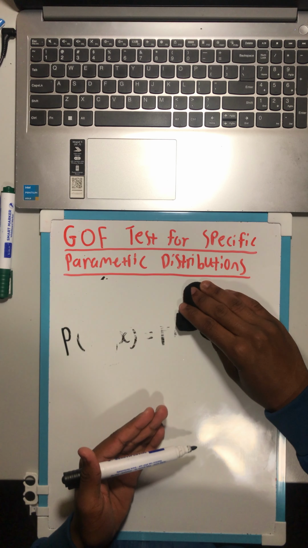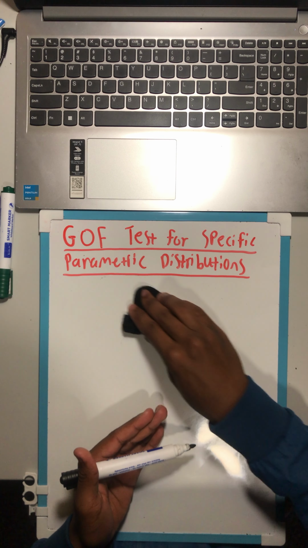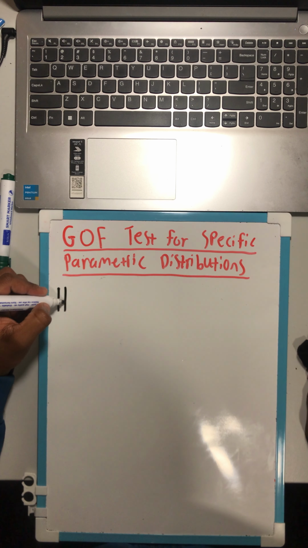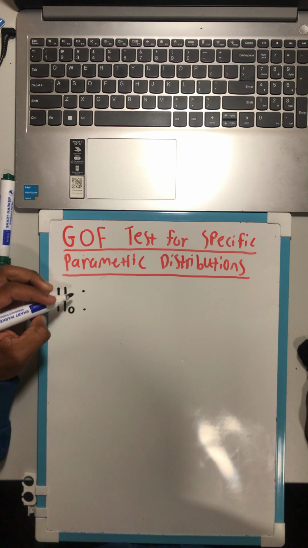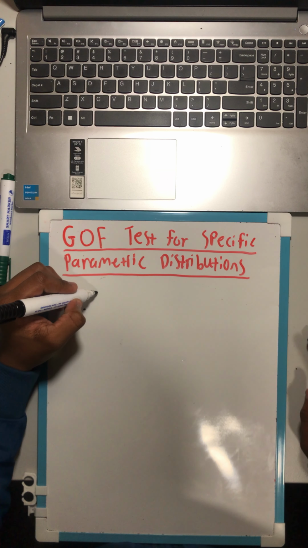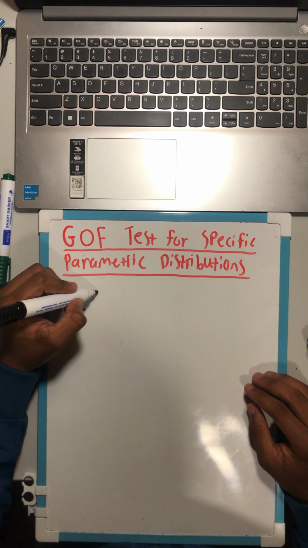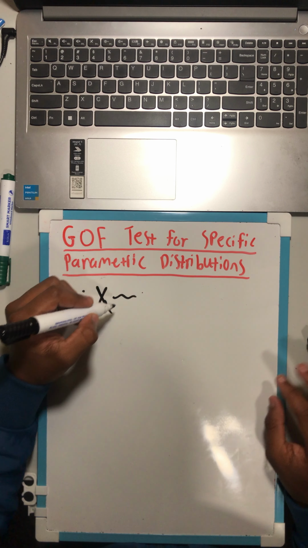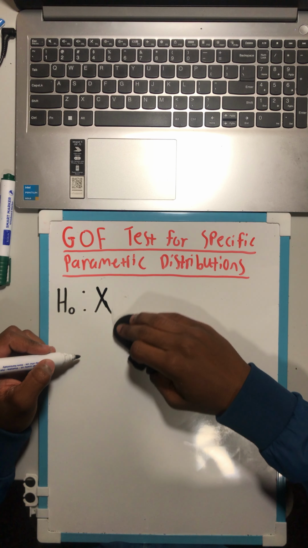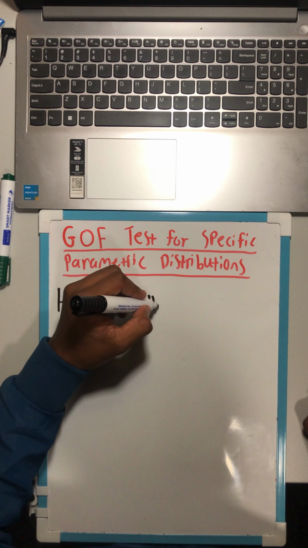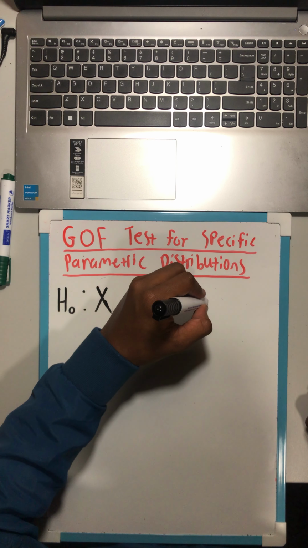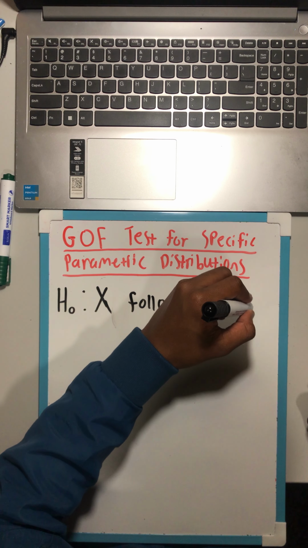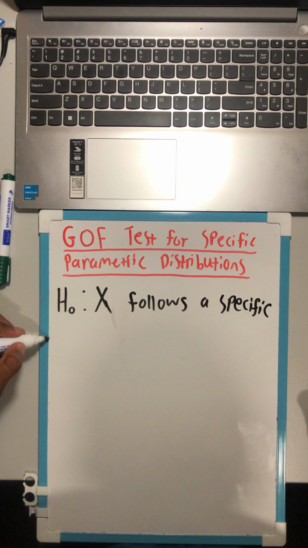When doing a goodness-of-fit test, we have a hypothesis. For your null hypothesis, you say your random variable x follows a specific distribution.